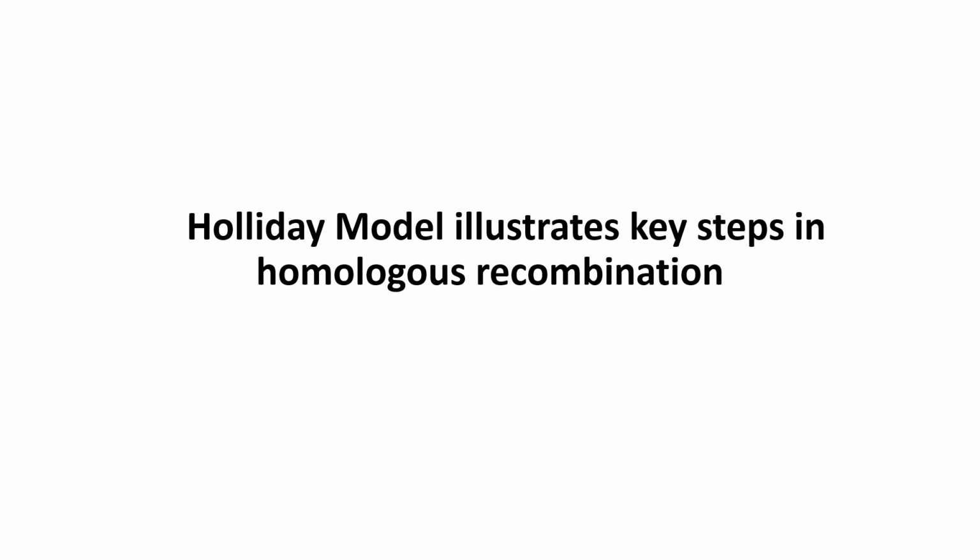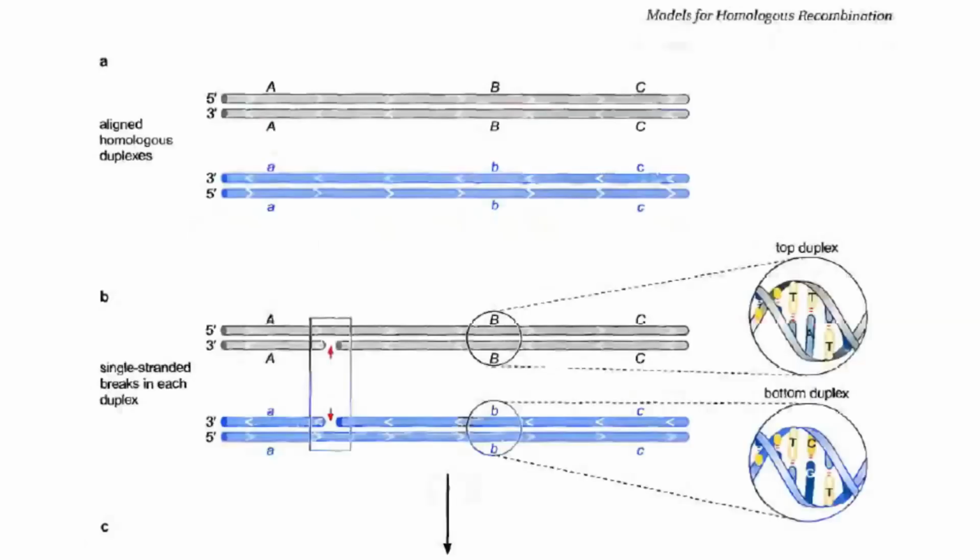Although it's now clear that most recombination events involve some new DNA synthesis, a feature which is absent from this model, the Holliday model still very well illustrates the steps of recombination, such as strand invasion, branch migration, and the Holliday junction resolution. Let's see what happens as per the Holliday model for homologous recombination.